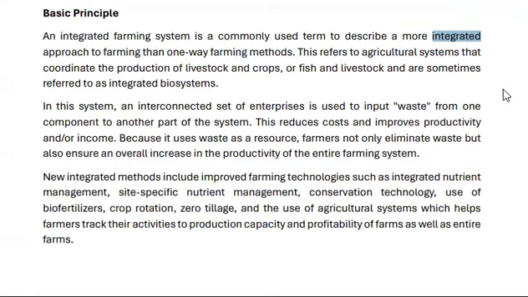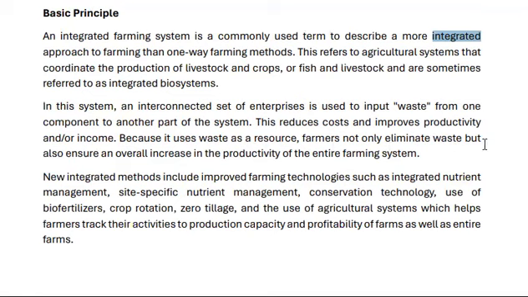So in this system, an interconnected set of enterprises is used to input waste from one component to another part of the system. This reduces costs and improves productivity and or income because it uses waste as a resource.